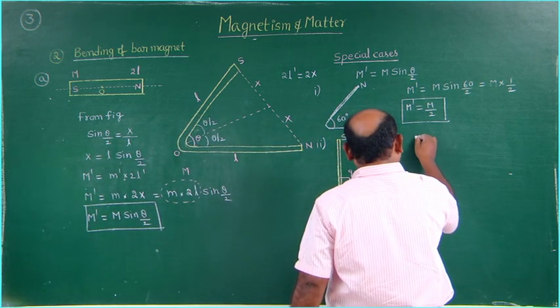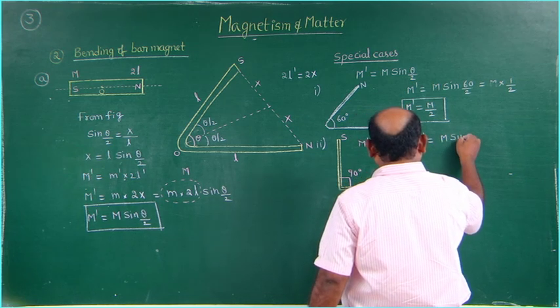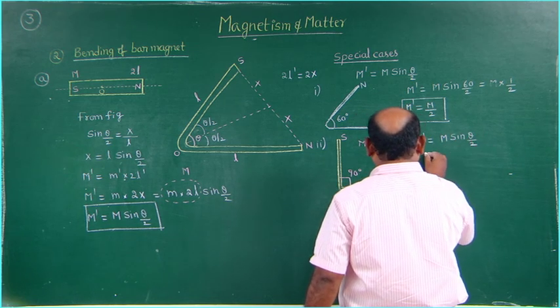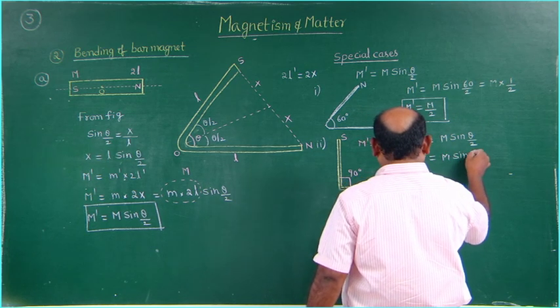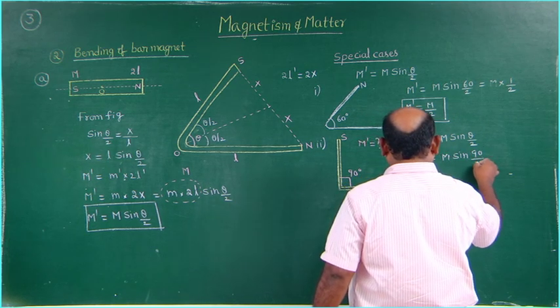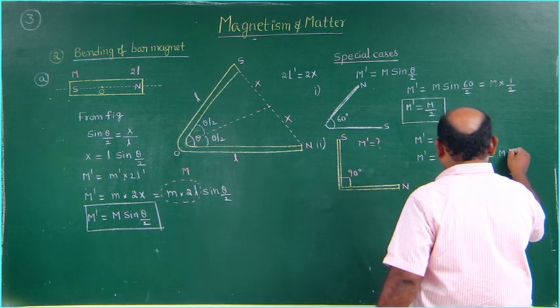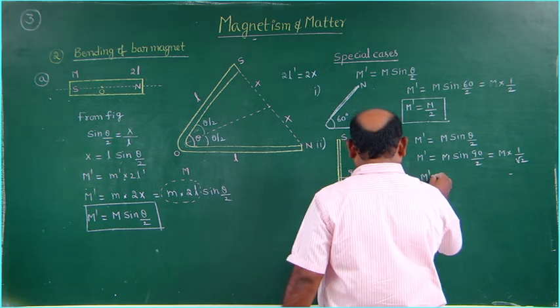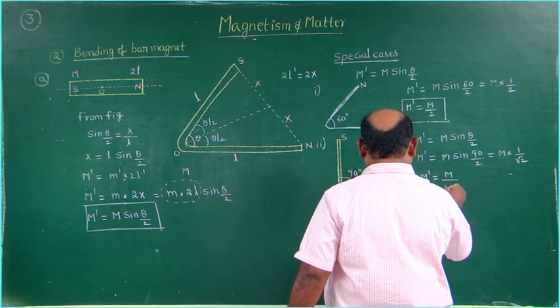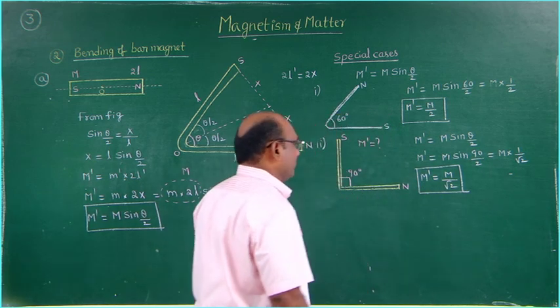Let us apply the formula directly. M dash is equal to M sine theta by 2, or M dash is equal to M into sine 90 by 2. Of course, sine 90 by 2 is nothing but sine 45. This is M into sine 45, which is 1 by root 2. The new magnetic moment M dash is equal to M by root 2. This is the second problem.